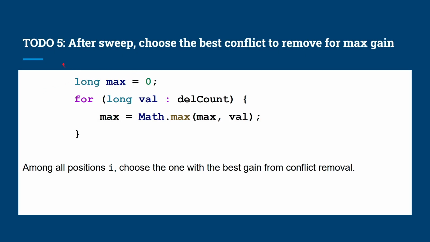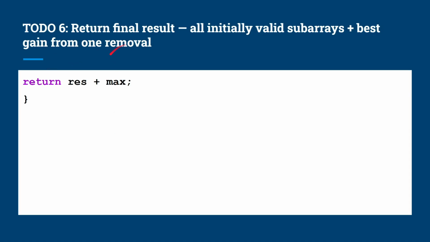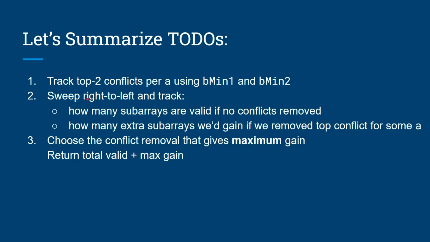In the last, we'll choose the conflict, and for that we'll go with the delete count and we'll find our max. What is the max? Among all the i, we'll choose the one with the best gain from the conflict removal, and finally we'll return the final result like this. Okay, so to summarize, we'll track the top conflict using b min 1 and b min 2.